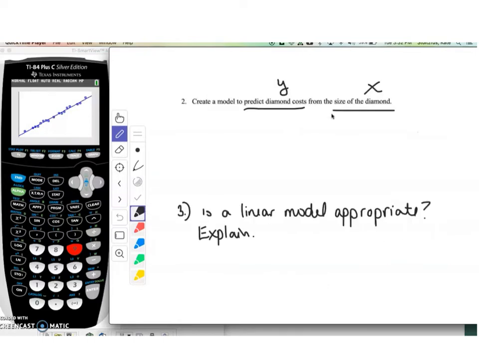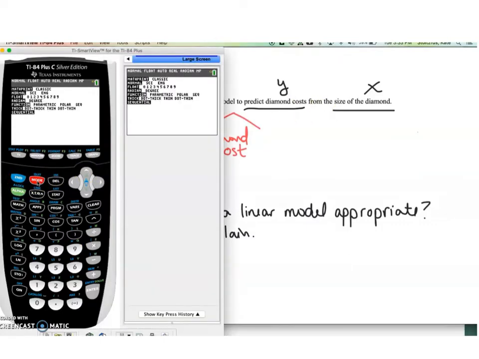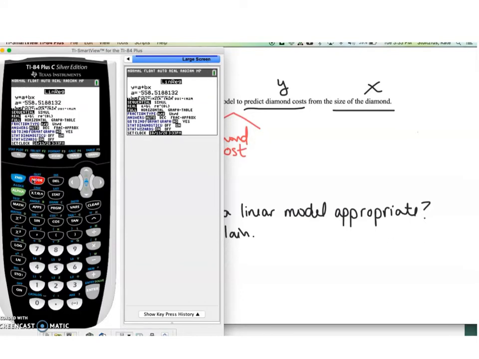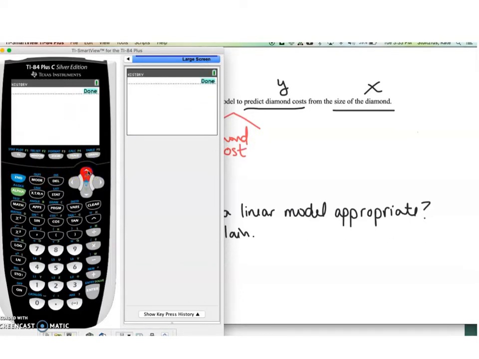Next, I'm asked to create that model for the predicted diamond cost. I already ran my regression model. I'm just going to go up to my history and hit enter and run it one more time. And there it is.